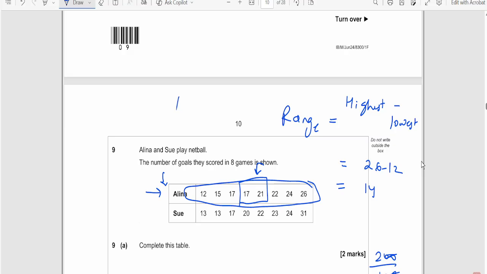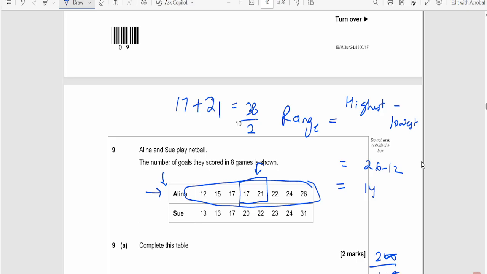Minus them? No, you don't subtract, you add them. 17 plus 21 is 38. Then you divide it by 2.